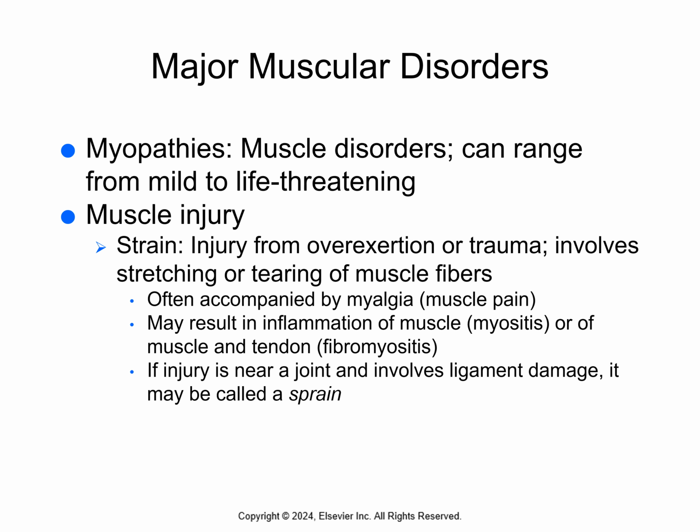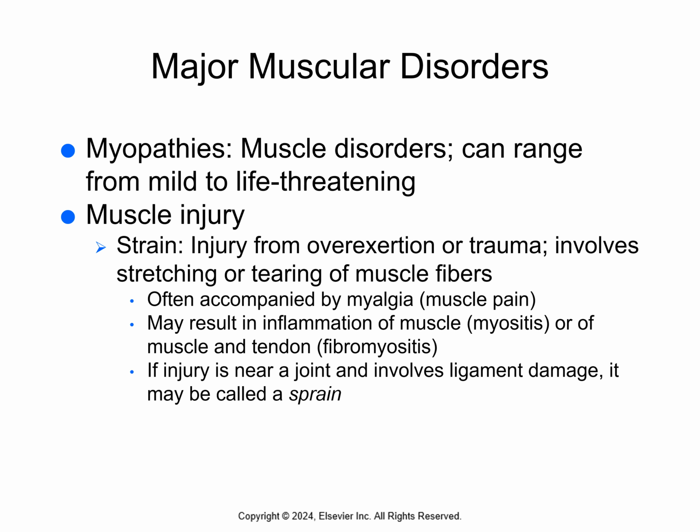Now, first, for a muscle injury, I want you to know this word, strain. Our muscles have been strained. That's an injury from overexertion or trauma. It involves stretching or tearing of muscle fibers. So when you strain it, it's overexertion.